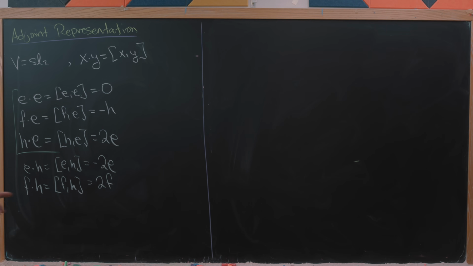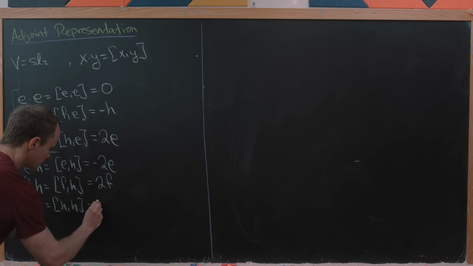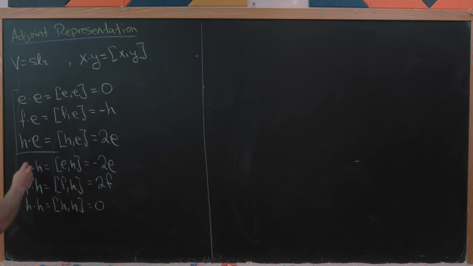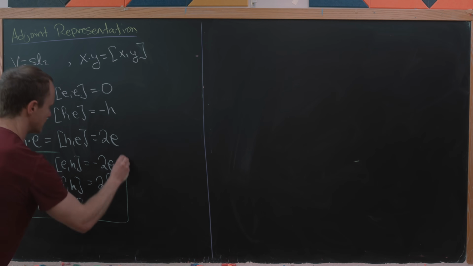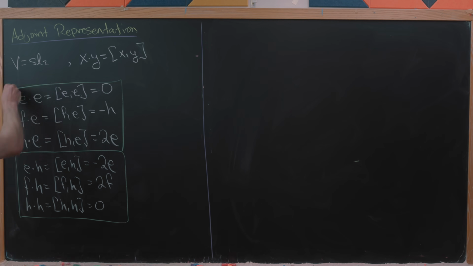Just by using the fact that this is going to be minus HF, but that's going to cancel the minus sign out. And then next we have H dot H, which is going to be the bracket of H with H, which is pretty clearly equal to 0 based off of what we said fairly recently. Okay, so those are the actions onto H and the actions onto E. Now what about the actions onto F?